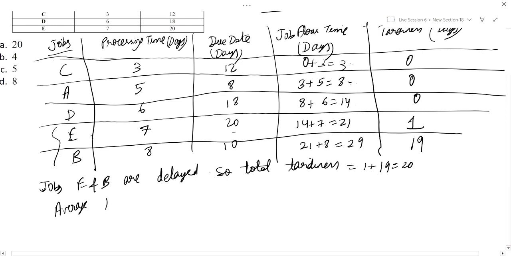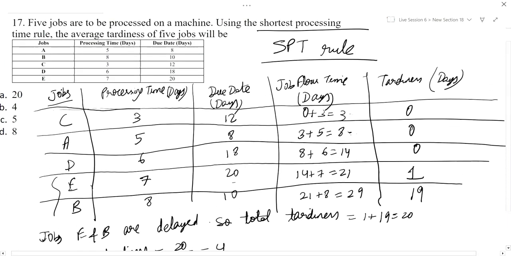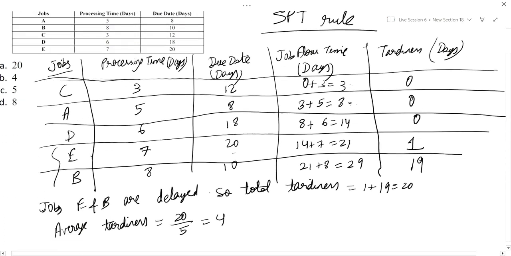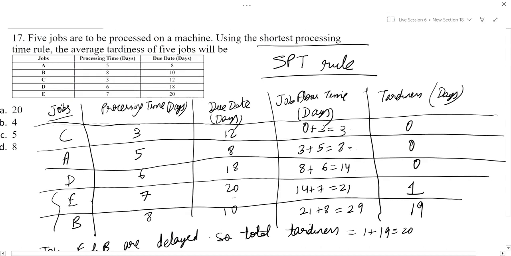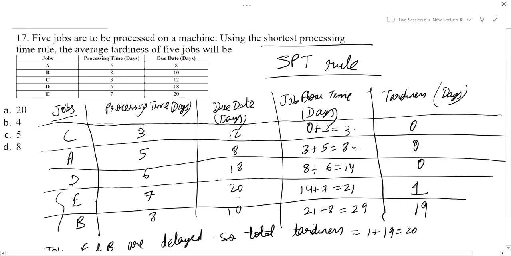Average tardiness is equal to 20 by 5, since total number of jobs is 5, is equal to 4. So the average tardiness of 5 jobs is asked. The correct option is option B, 4.